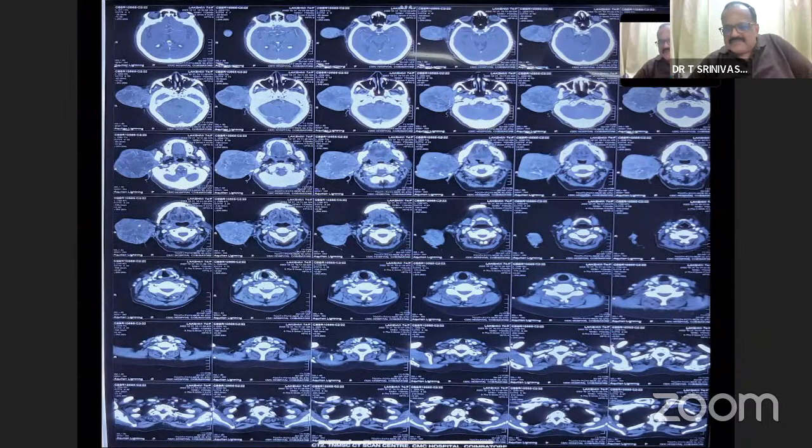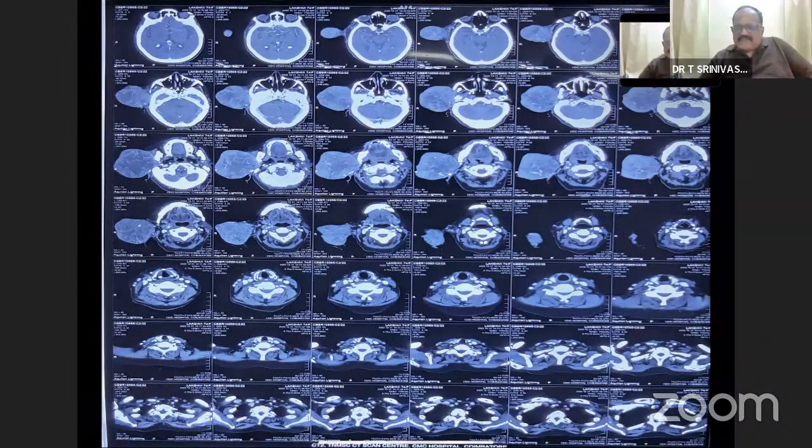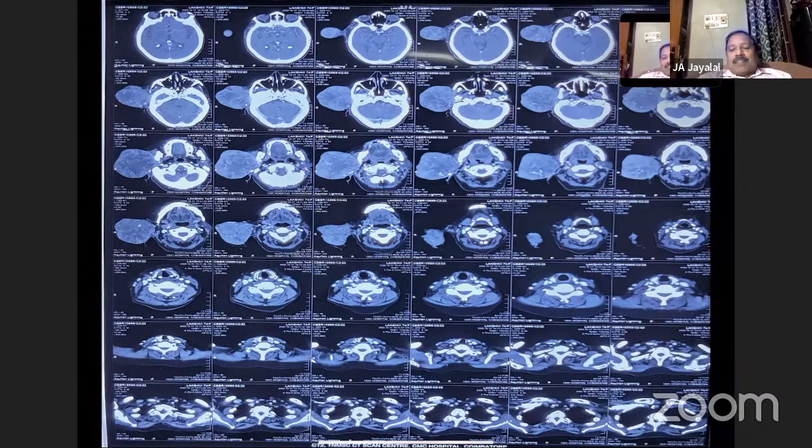If you are going to give curative treatment, definitely you can go. But when you are going for a stage T4B tumor, it is not advisable. So conservative is the best, sir, at this stage.